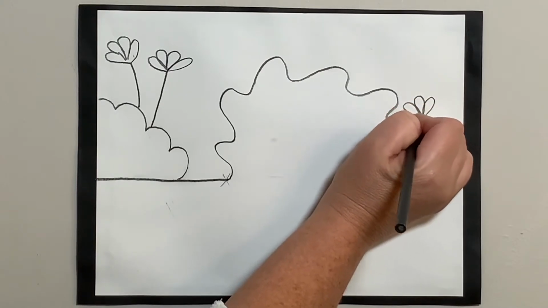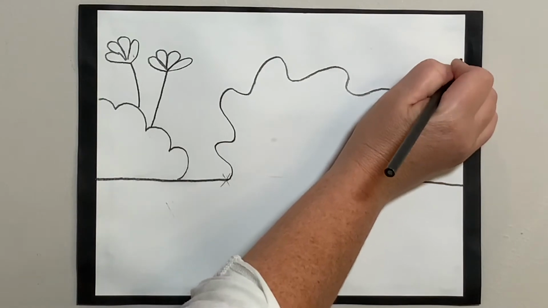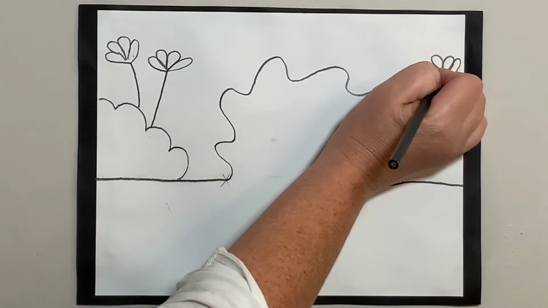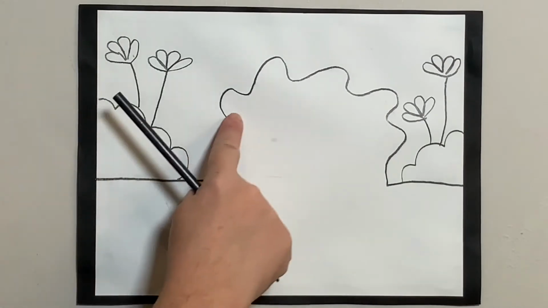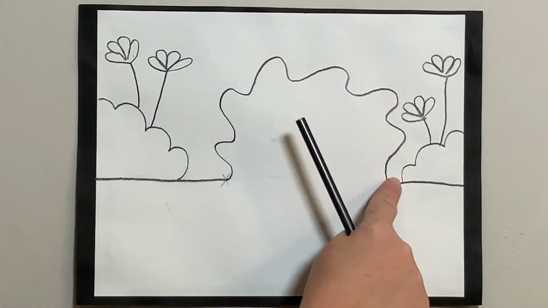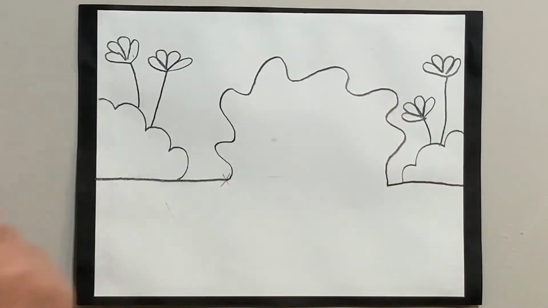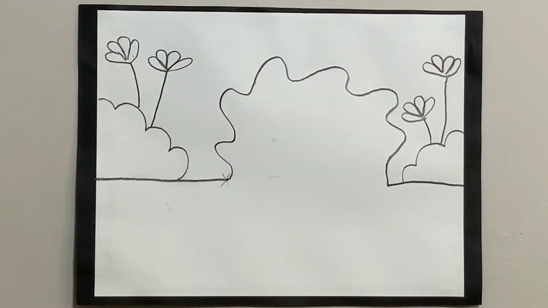I'm still using my curvy line to draw 2 more. 1, 2, 3, and 4. So far we have the cave with some wavy lines, 2 bushes with curves, and some flowers on each side with straight and curvy lines.